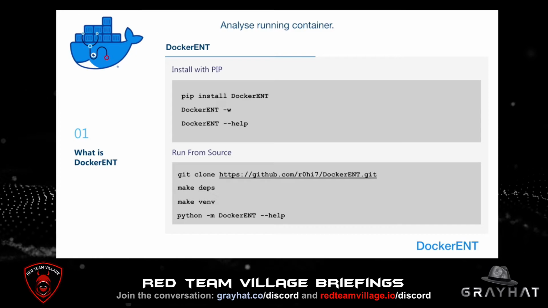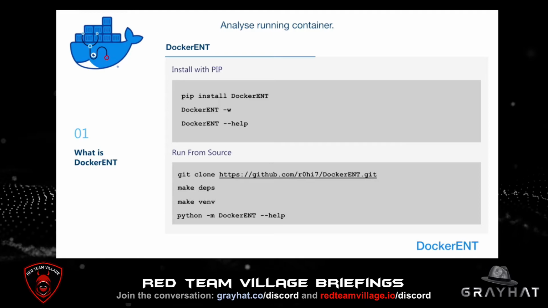The other option is building from source and running from source. I've tried to make things simple for everyone. Just clone the repo. I have provided a makefile in it, so you can just do make deps and make virtual environment. Activate the virtual environment, and then you can run it as if it's an installed module. You can just run python -m dockerent -help. If you provide the -w option in here, it will spin up a web application for you.